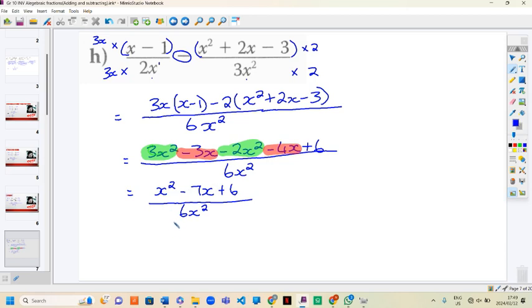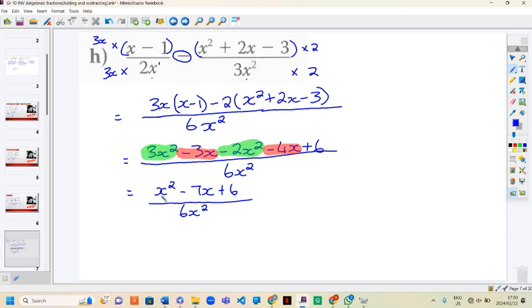Awesome. What I also want you to start taking note of is that right here at the end, in the numerator, I've got a trinomial. When I get to the final answer, I want you to look at whether there's anything more that I can factorize.